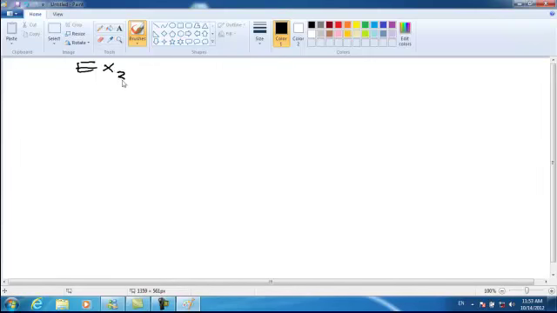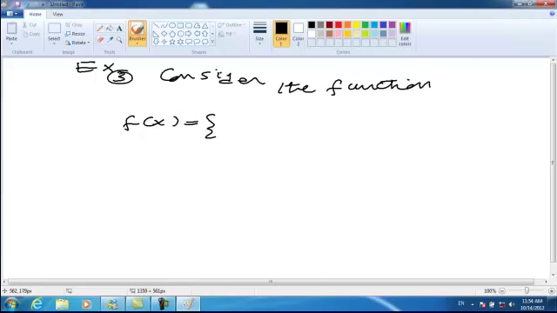Example 3. Consider the function f of x equals 2x as x is greater than or equal to 2, and 4x as x is less than 2.